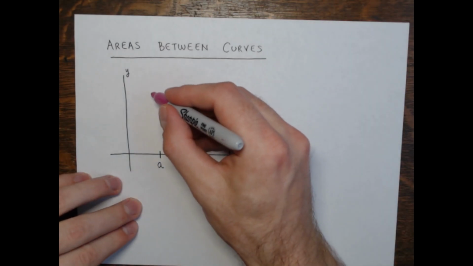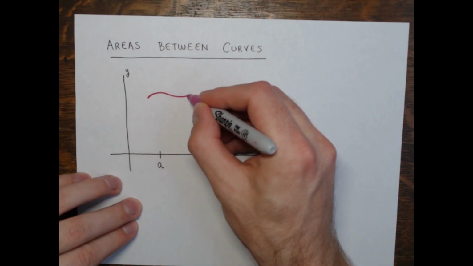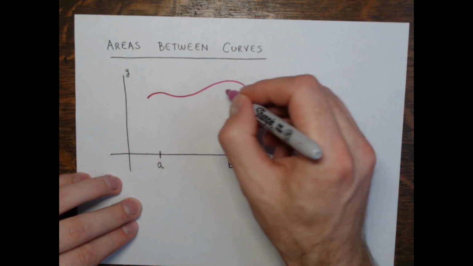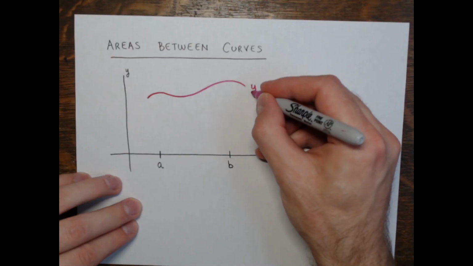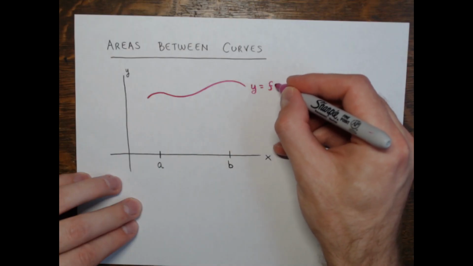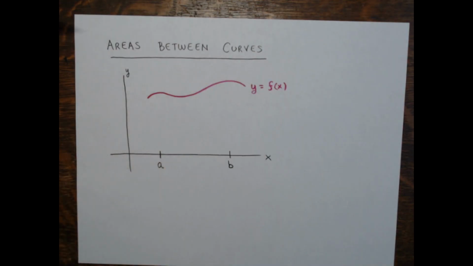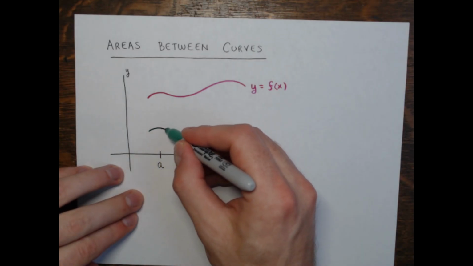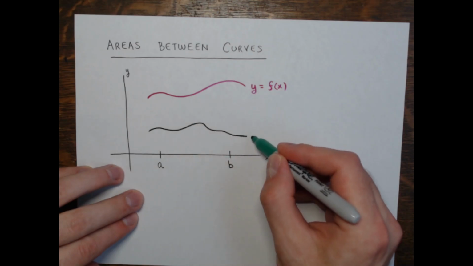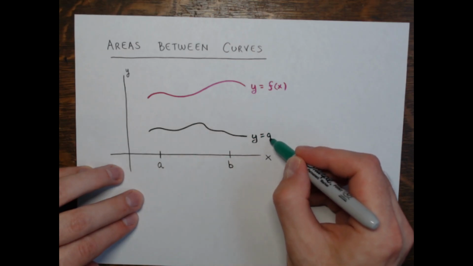So for this particular picture, I'm just going to have a curve, a high curve or a top curve. So say this is y equals f of x. That's going to be the highest curve, the top curve, and then some curve below that. So again, just some function y equals, say, g of x.